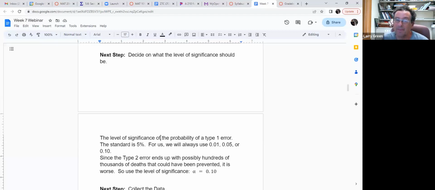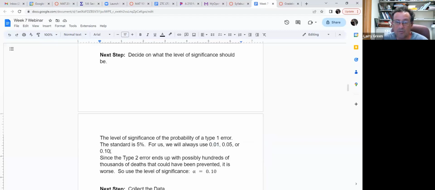If the type 1 error is worse, then you want that to have a lower chance. So that means the level of significance should be lower. In our class, if the type 1 error is worse, lower than 0.05 will mean 0.01. If the type 2 error is worse, then you're going to let your type 1 error have a higher chance, so you can lower the type 2 error.